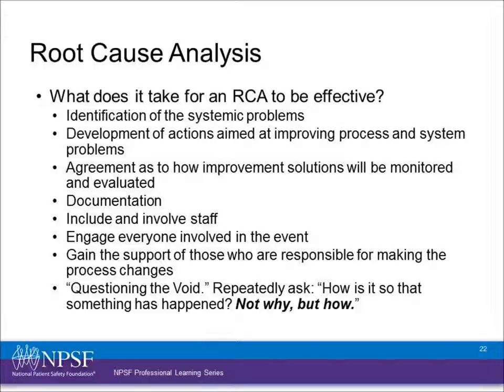Poorly designed processes that put people in situations where errors are more likely to be made are generally the kinds of things we can often fix. And so getting to the point where we have the intelligence to do that is essential if we're actually going to make any improvements.